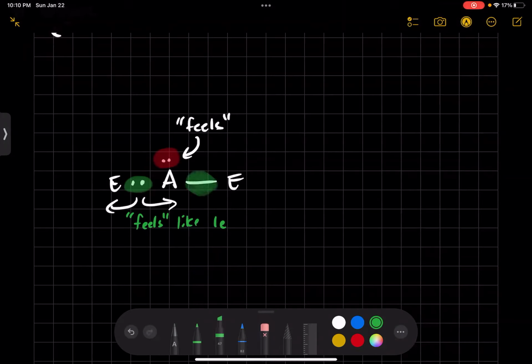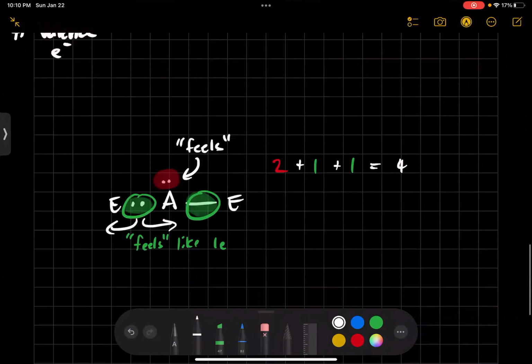So it has 2 for the non-bonding, plus 1 for this bond over here, plus another 1 for this bond over here. So atom A feels like it has 4. As much as atoms can feel.